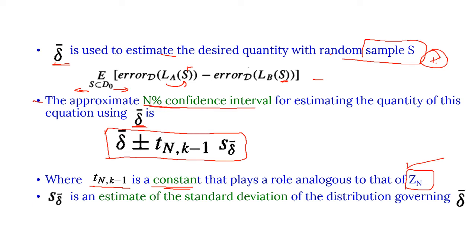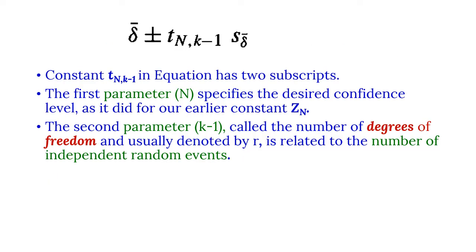And s of delta bar is the estimate of the standard deviation of the distribution governing delta bar. So here we have one constant t with subscripts n comma k minus 1 in our equation.